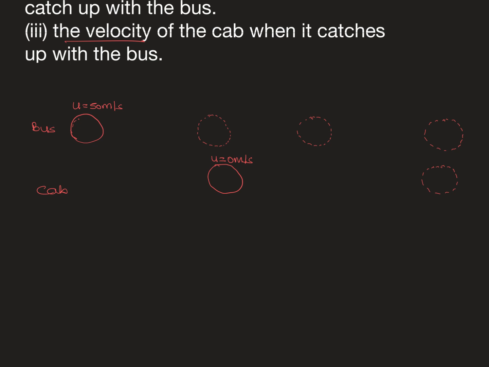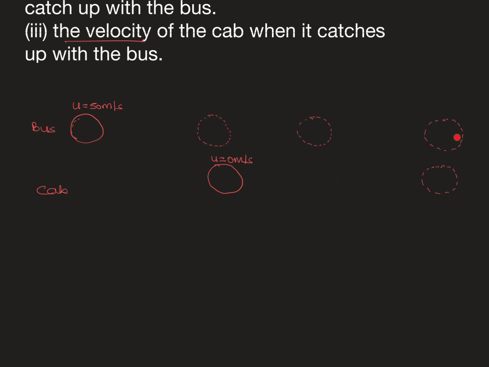All right? Remember, if that is the situation, at this point, the cab was at rest, but the bus was moving. So it is only when the bus was at this position, that is after 8 seconds it has passed the cab, that is the moment the cab starts moving.